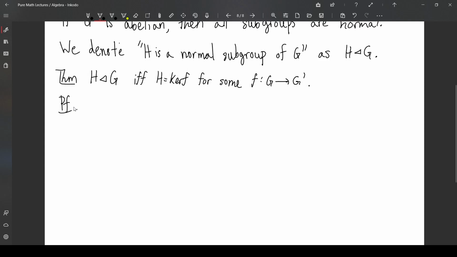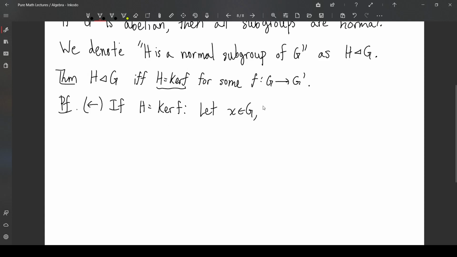So we're going to prove the backwards direction. So we're going to start with H equals ker f, and we're just going to show that H satisfies the normality condition.